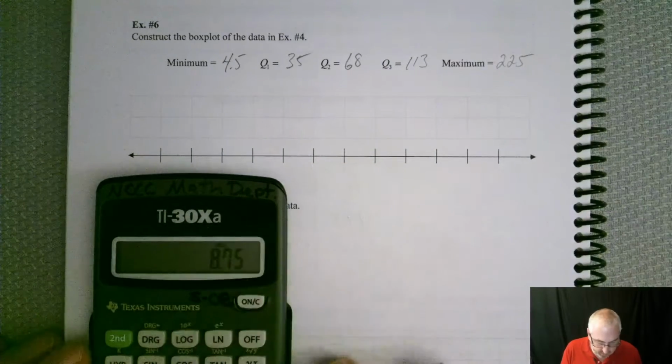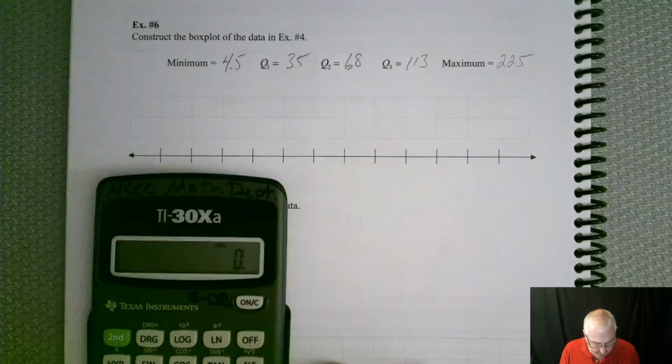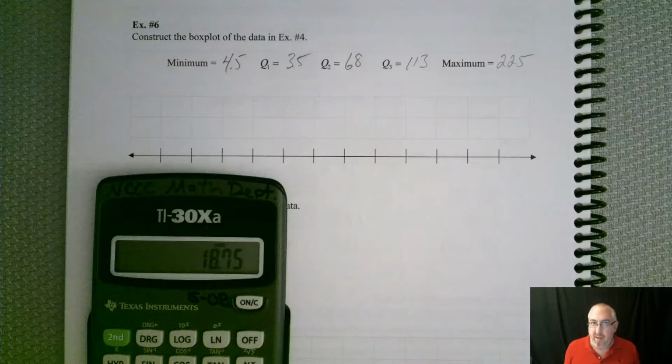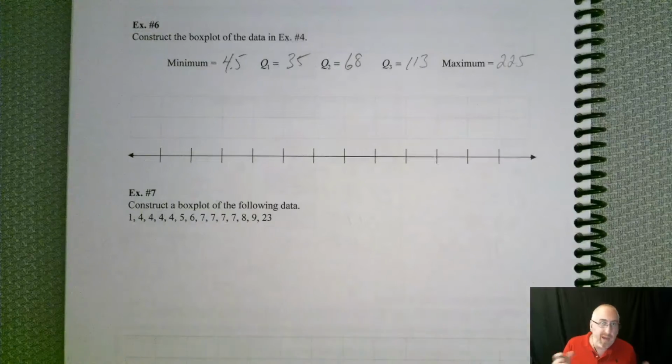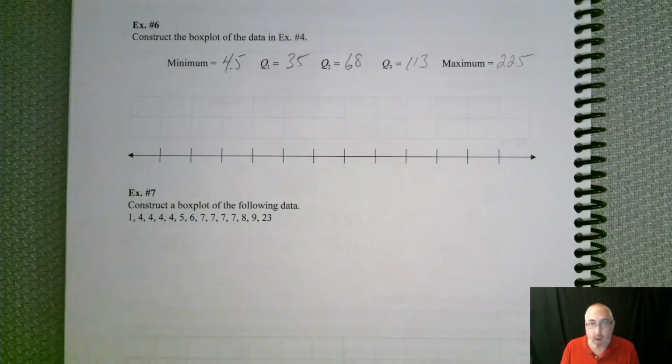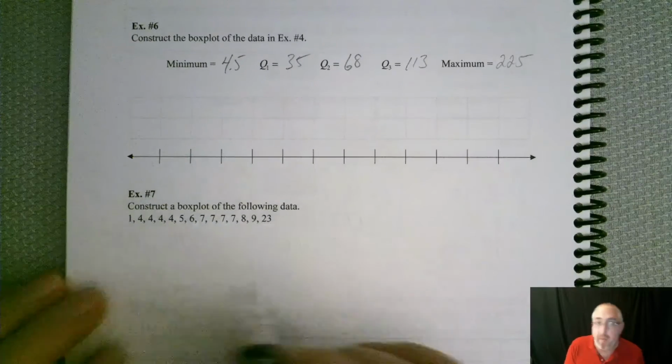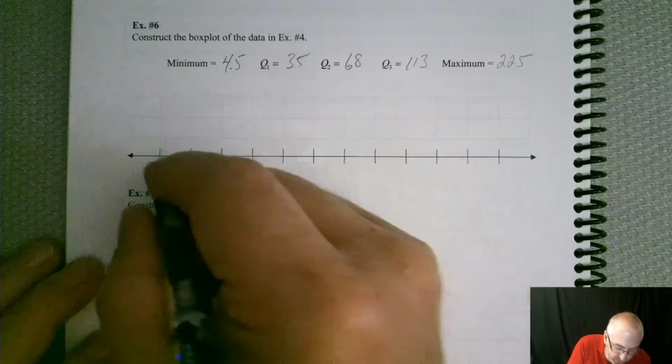So we're really looking at 225, and let's divide that by 12. So 18.7. Let's make that a little more user-friendly and round it up to 20. If each space is 20 units, that should hopefully accommodate everything. Now you might have to adjust that, but it's just trial and error.